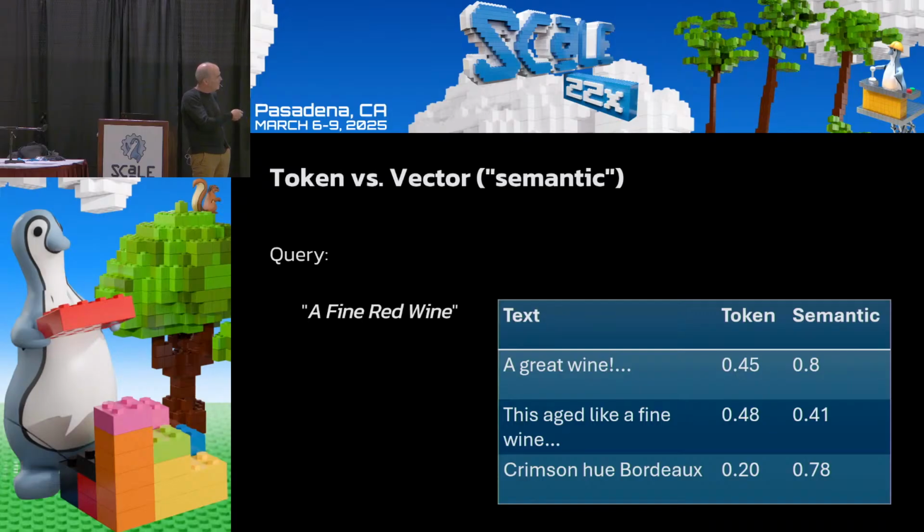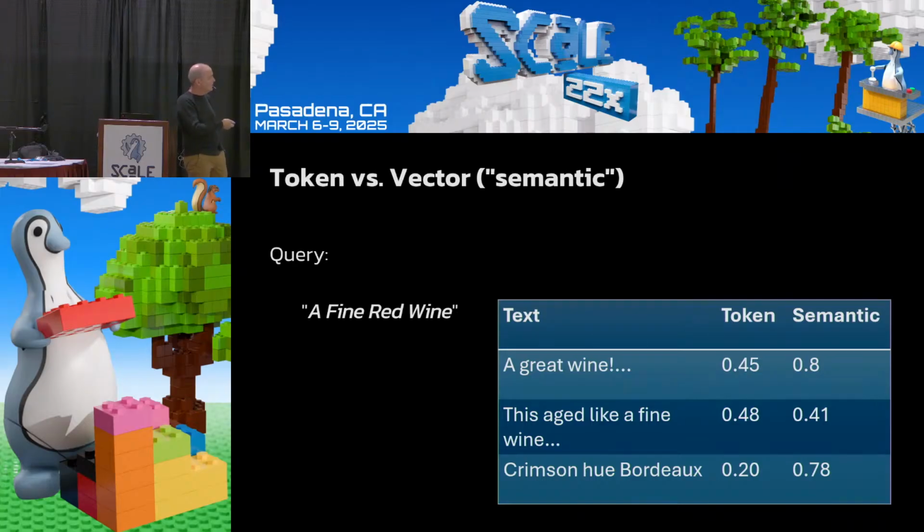And maybe somebody took the time to work out that fine and great are the same in a synonym dictionary. Yeah, go do that for all of the English language, right? In your domain maybe, but no, we didn't do that. So it got kind of a lower score. Whereas semantically, a fine red wine and a great wine are pretty close to each other. You get a higher score. 1 is a high score and 0 is a bad score, or further away, right?